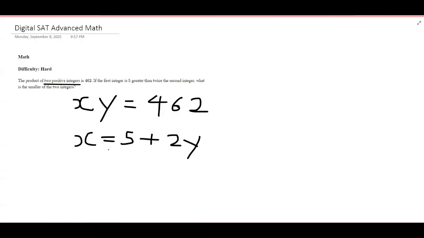So I'm going to go ahead and put my 5 plus 2y instead of x in the first equation, and it becomes 5 plus 2y, all times y, is equal to 462.